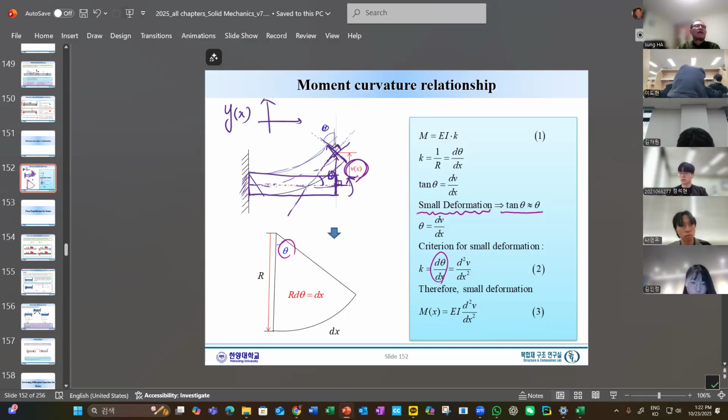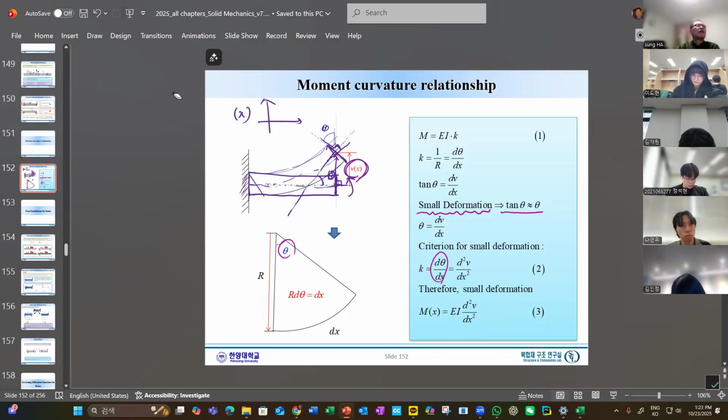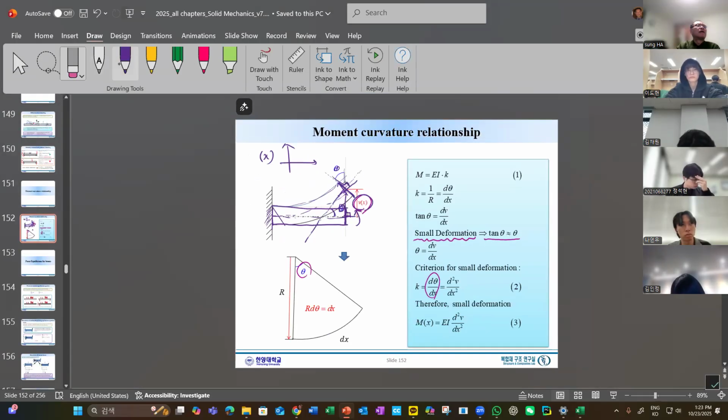Say, okay, I will not call it y. Say v(x), let's say just the function in terms of x.